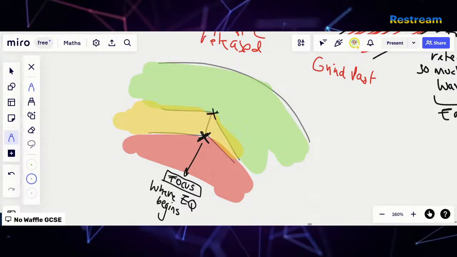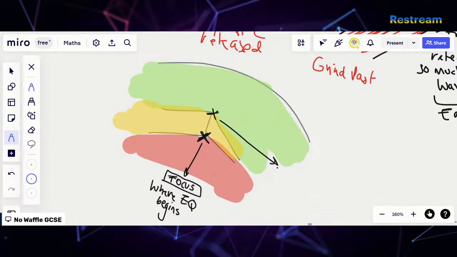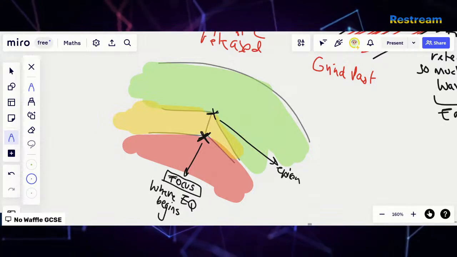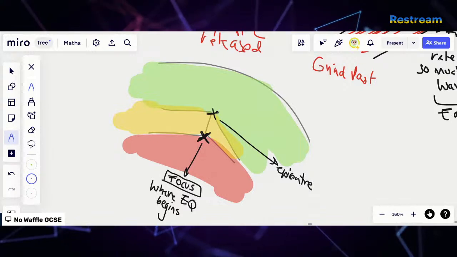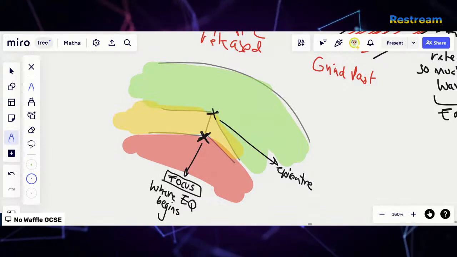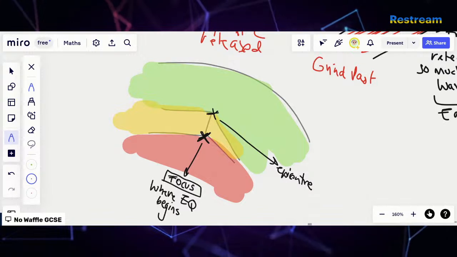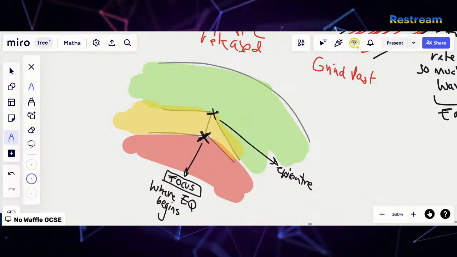Then we have the epicenter here. Now the epicenter is the point at a 90-degree angle directly above the focus that shows where the earthquake first hits the earth the strongest.